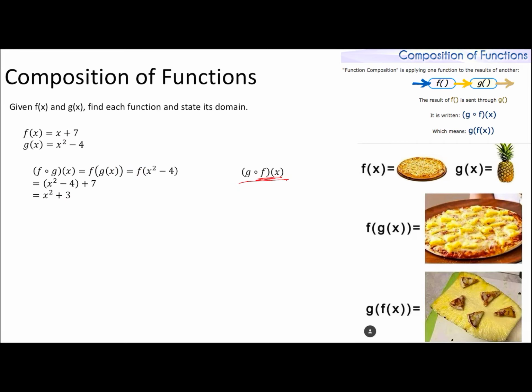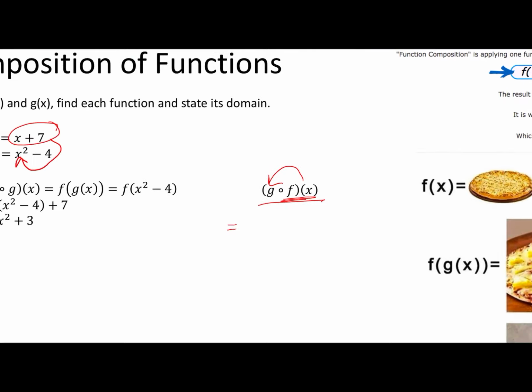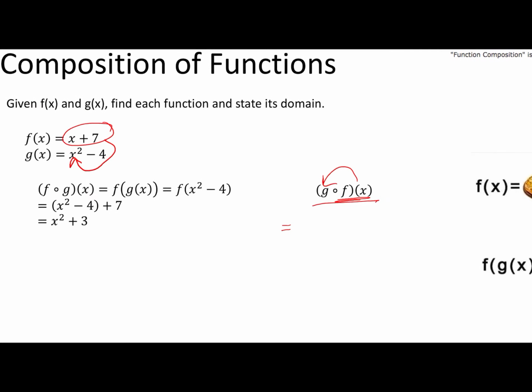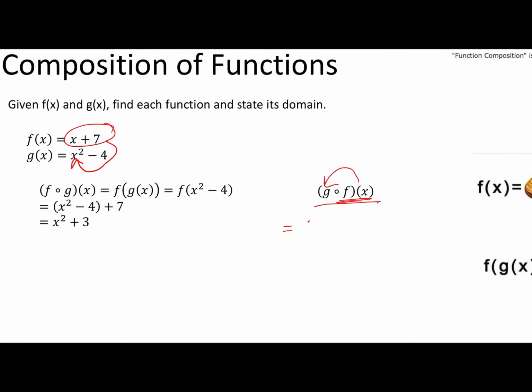Okay, another example, if we take the same function and we plug f of x into g of x. So you're taking this whole function and you're plugging it into this x. So here we go, I'm going to write it underneath. So instead of x squared, I'm going to have the whole x plus 7 squared.